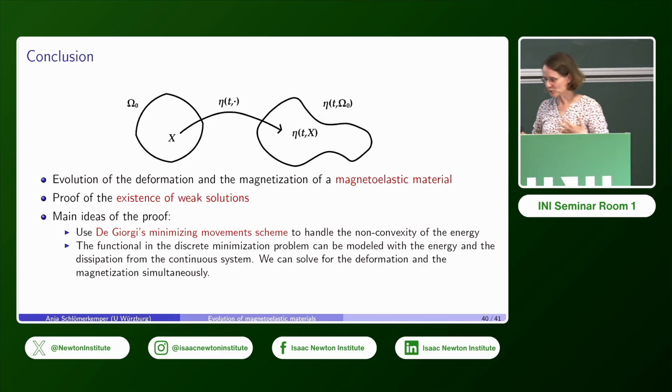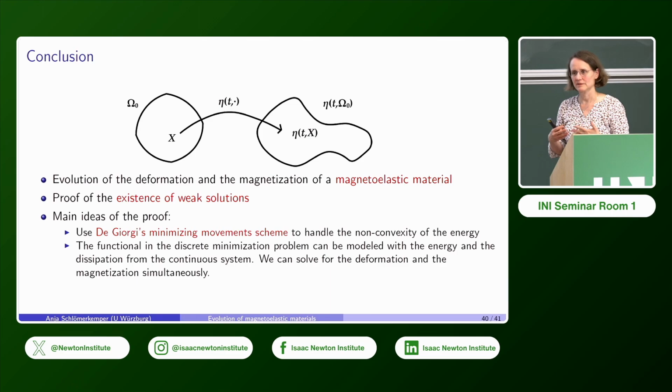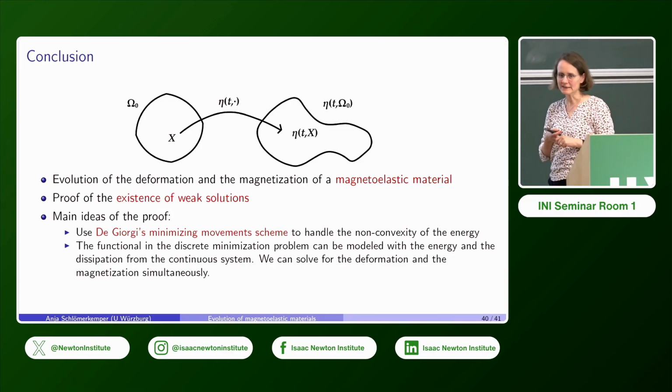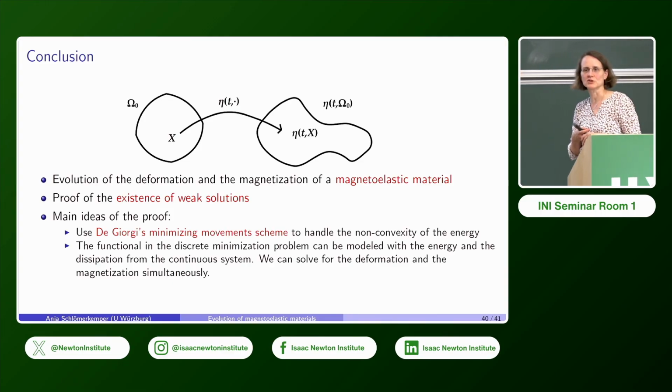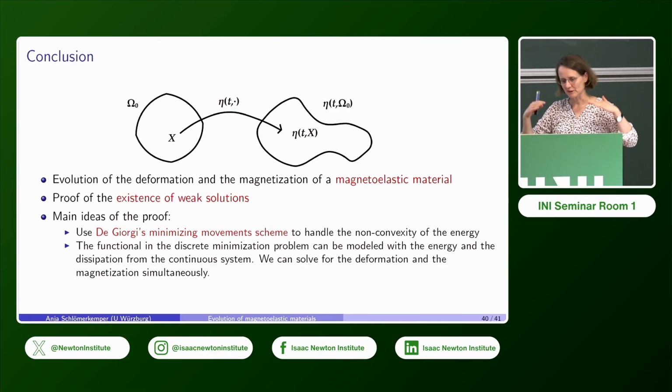In this variational approach, we are able to have a quasi-static evolution of the magnetoelastic material. We can prove the existence of weak solutions, at least locally in time. The main idea of the proof was to use the minimizing movement scheme, which allows us in particular to handle the non-convexity of the elastic energy.